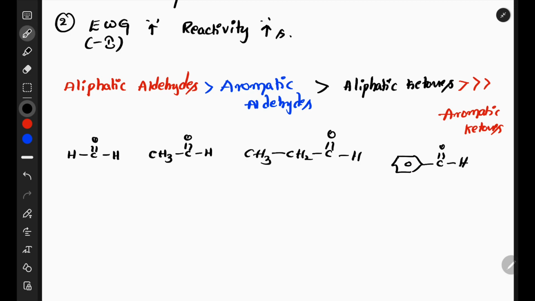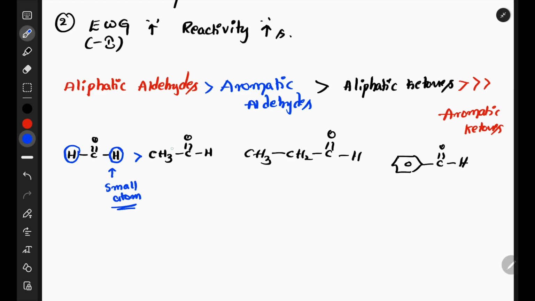When you take all of these, which is more reactive? If we come to the electronic effects, the hydrogen is not an electron releasing group, nor an electron withdrawing group. And steric crowding is also very less here. Why? Because it is a small atom, and whenever it is a small atom, steric hindrance is very less. That's why formaldehyde is the most reactive in nucleophilic addition reactions.